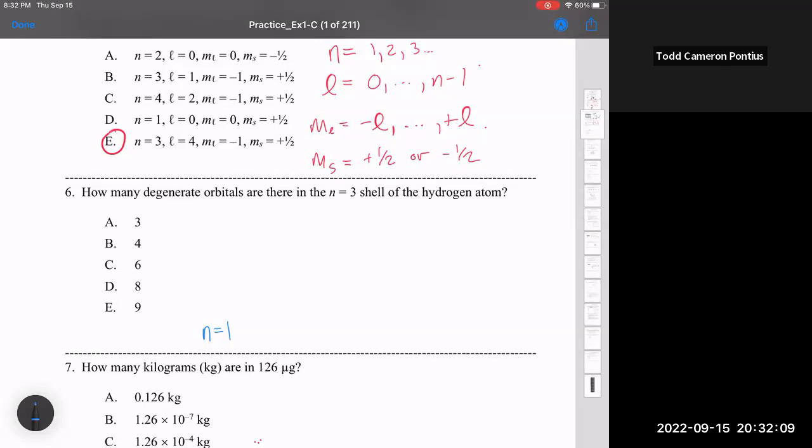That's where l equals 0, and that is the 1s subshell, which has one orbital. If n equals 2, higher in energy, there exists a 2s subshell, but this also opens up 2p. And how many orbitals are there in a p subshell? 3.